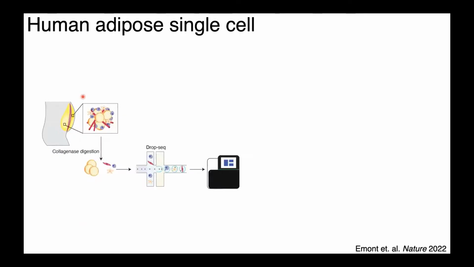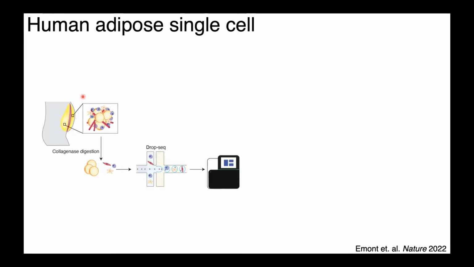So when single cell sequencing technologies were developed, to us, this was a perfect method to use to study adipose tissue. Like I said, adipose tissue is heterogeneous, and we know that cell type and cell type proportions change during obesity. So when you want to study obesity and you're looking at whole tissue, it's very difficult to tell where gene expression changes that you see are coming from.